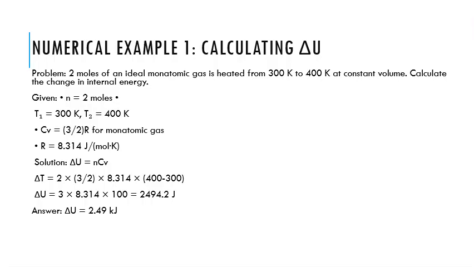We substitute into delta U is equal to nCv delta T. So delta U is equal to 2 into 3 by 2 into 8.314 into (400 minus 300). That equals 2.49 kilojoule. This straightforward calculation lets us predict energy changes from gas heating.